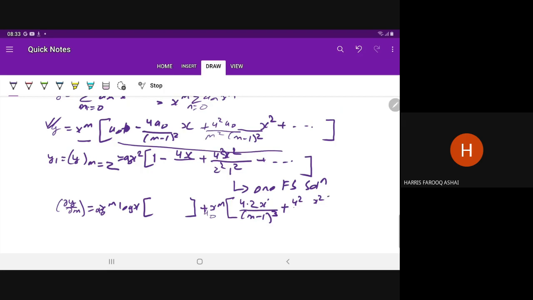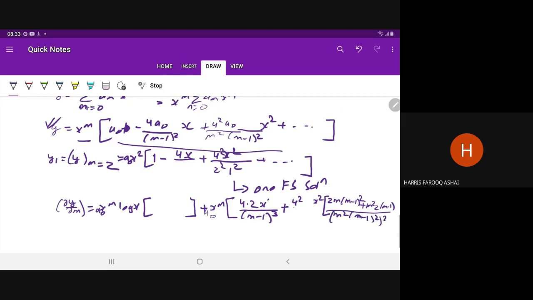So it will come 2m into m minus 1 whole square plus m square into 2 into m minus 1, upon m square m minus 1 whole square, m minus 1 whole square.